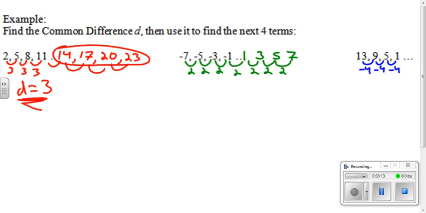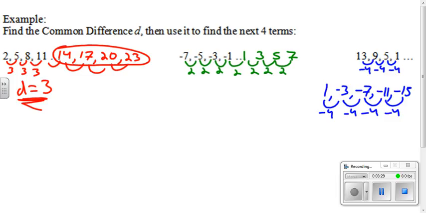So if we had 1, we go another negative 4, that puts us at negative 3, negative 7, negative 11, and negative 15. Each time we're counting by negative 4, so our common difference D is negative 4. And in the previous one, our D is 2.